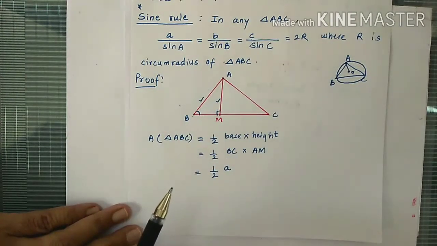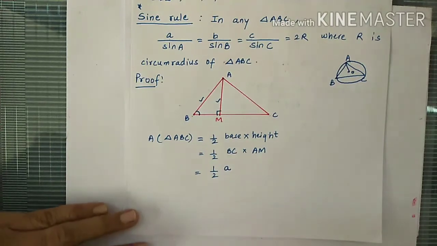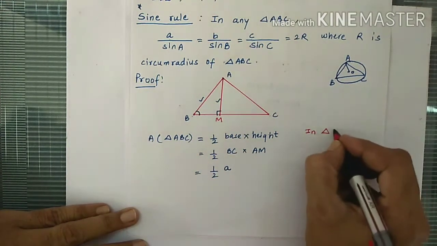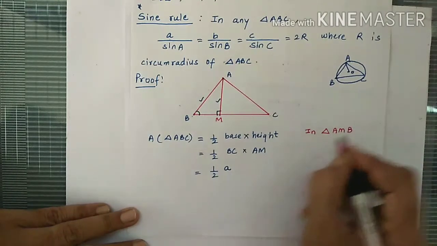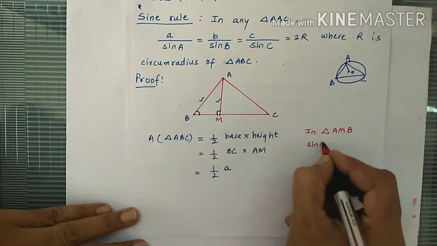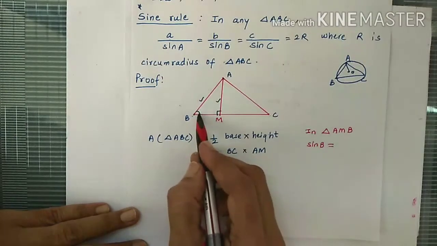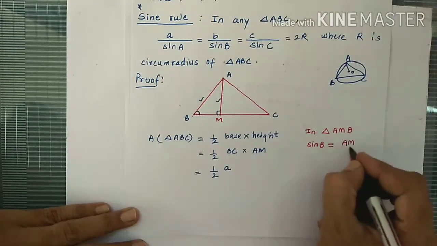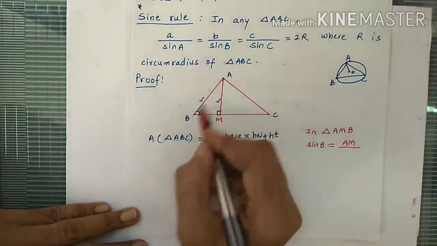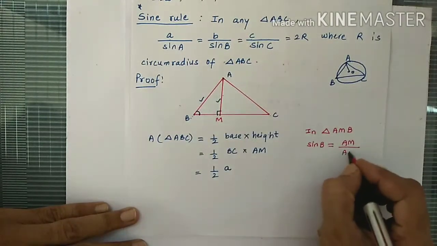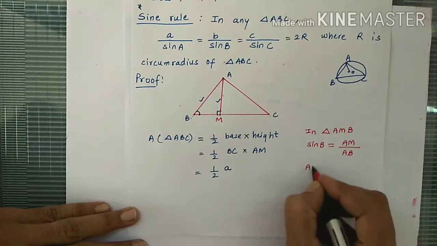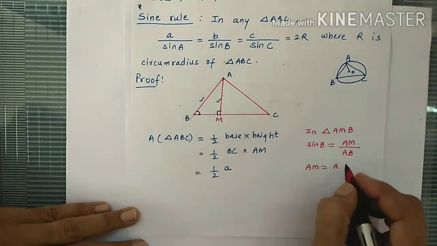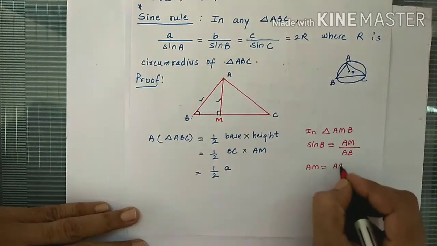That means we have to use sine ratio. So in triangle AMB, sine B is opposite side, that is AM, divided by hypotenuse, that is AB. So we get AM equal to AB sine B.